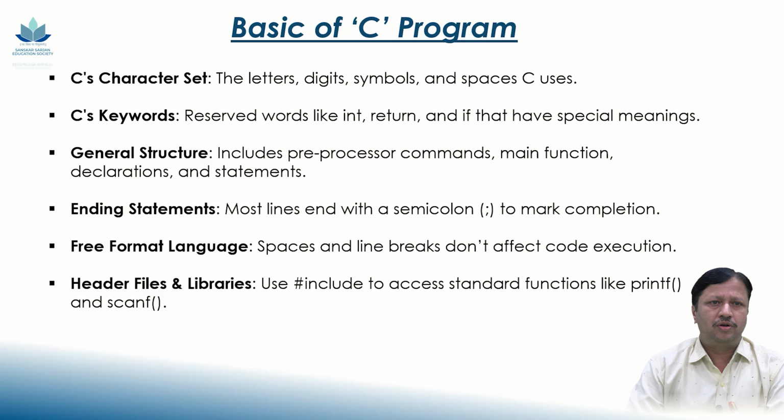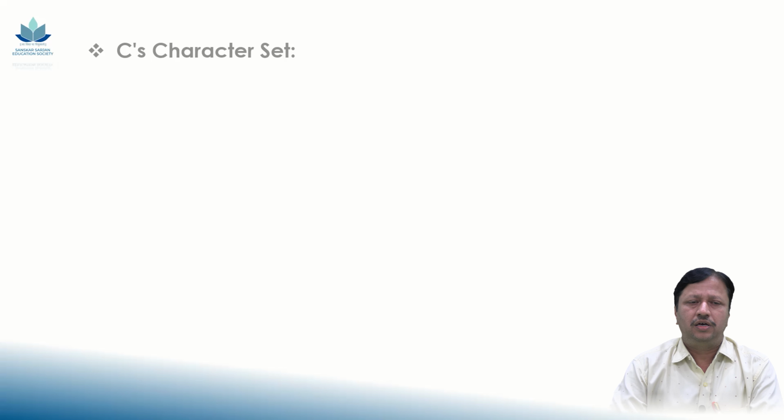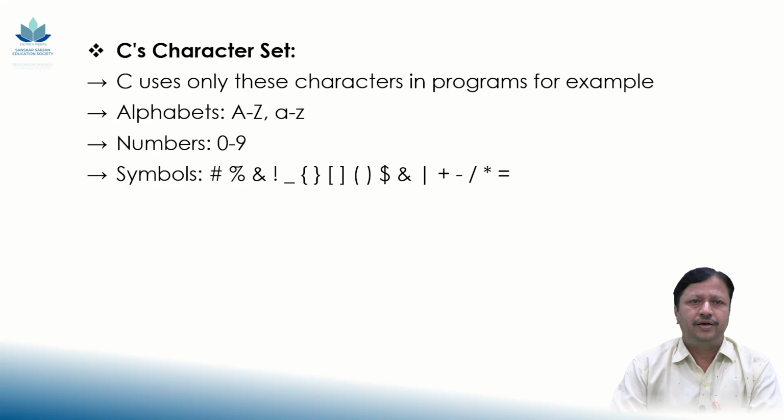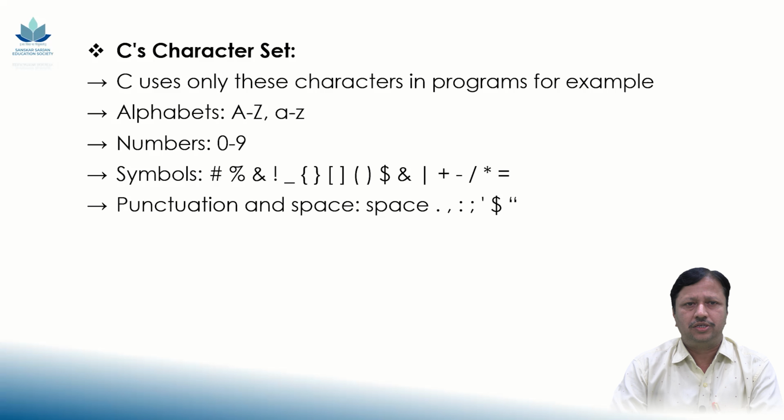Let's see some examples of that. C character set: C uses only these characters in a program. For example, alphabets A to Z, small and capital, numbers 0 to 9, symbols like hash, percent, exclamation, underscore, opening and closing square brackets, round brackets, dollar, plus, minus, division, star, equal to, punctuation and space, comma, colon, semicolon and dollar.